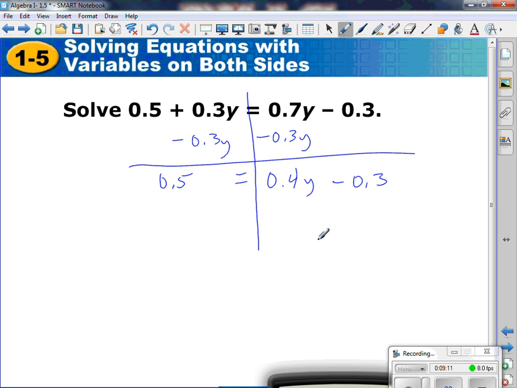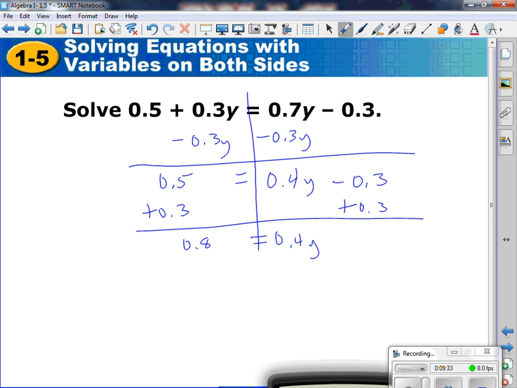I need to add 0.3 because it's a negative 0.3. Add 0.3, add 0.3. 0.4y stays the same. What's 0.5 and 0.3? 0.8.